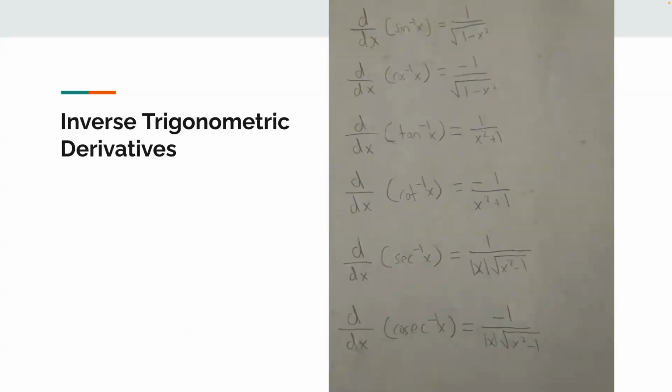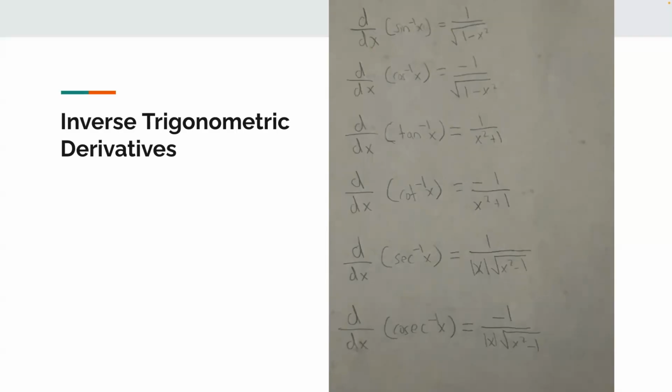And here are inverse trigonometric derivatives that you should know. First one, the derivative of sine inverse of x is equal to 1 over square root of 1 minus x squared. Cosine inverse of x is equal to minus 1 over square root of 1 minus x squared. And tan inverse of x is equal to 1 over x squared plus 1. Cotangent inverse of x is equal to minus 1 over x squared plus 1.